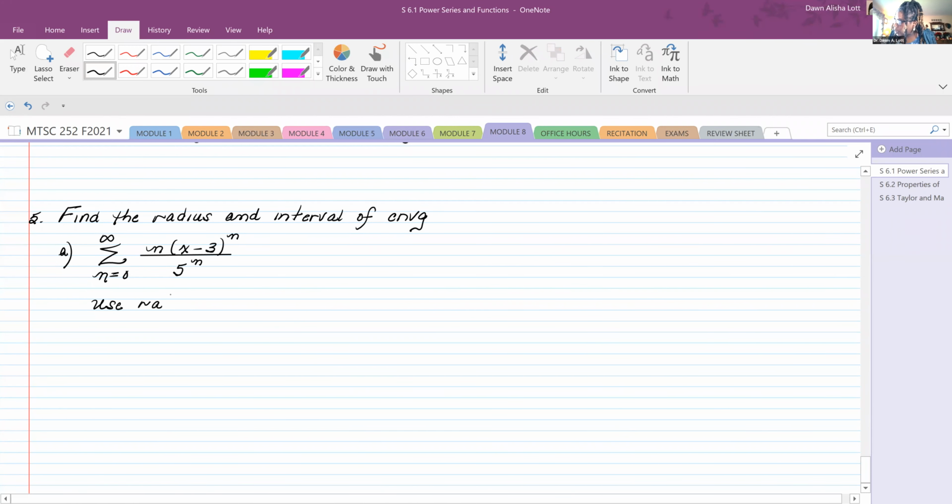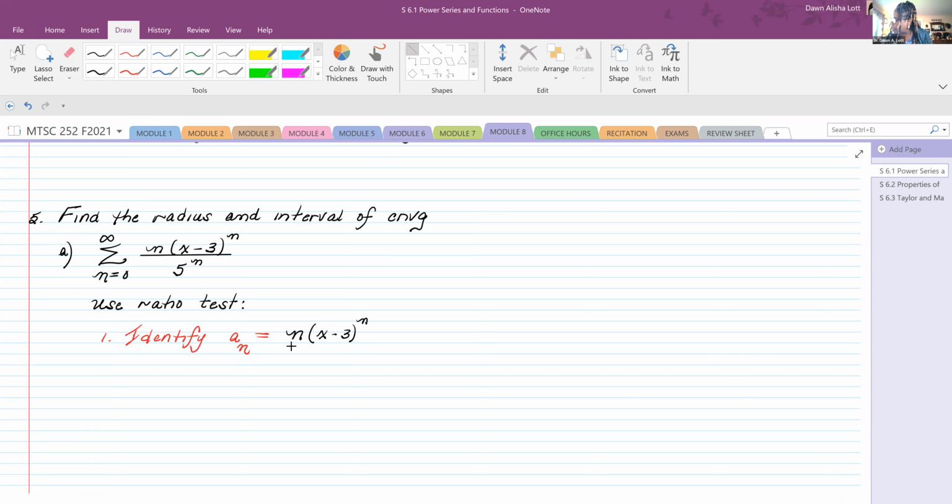So what do I need in order to use the ratio test? I need to identify what a_n is. So a_n is n times (x minus 3) to the n divided by 5 to the n.